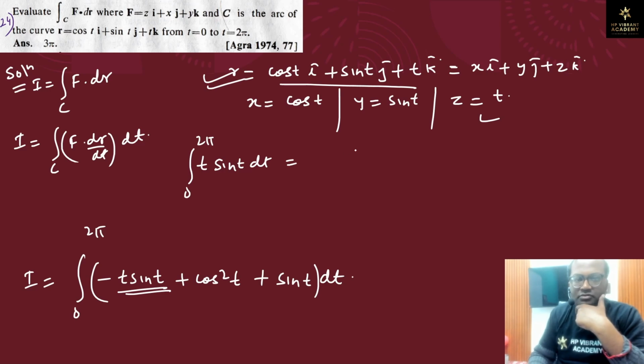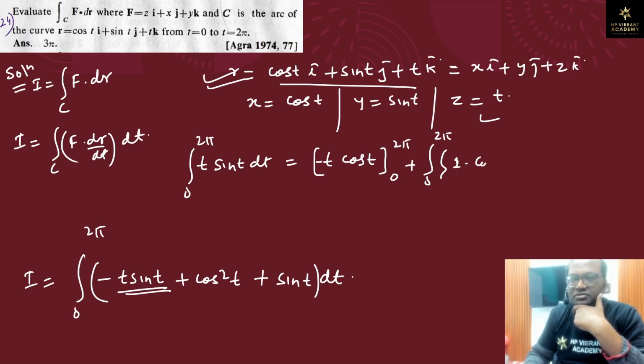This is equal to t times the integration of sin t, which is minus cos t, with limits 0 to 2 pi, minus the integral from 0 to 2 pi of the derivative of t, which is 1, times the integral of sin t, which is minus cos t. So minus minus is plus, this is cos t into dt.